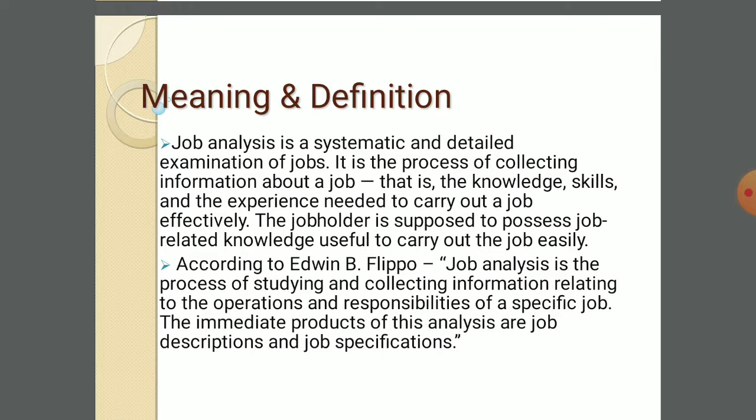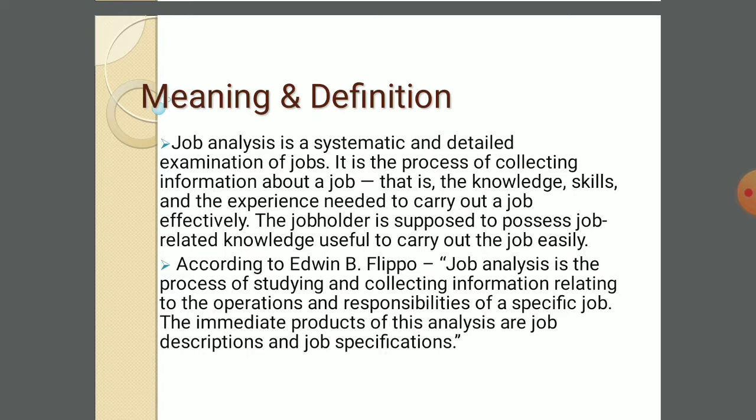And as we can see, there are two immediate products of job analysis. First is job description and second is job specification. In brief, we can say job description is giving details about the job. It may contain the nature of the job, the operations that are carried out, the responsibility the individual has to undertake, the authority that the individual is going to get while doing that particular job.